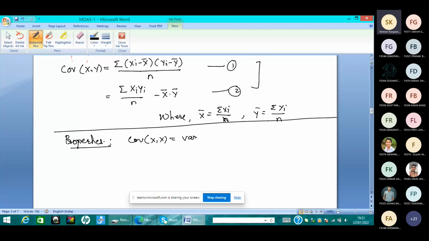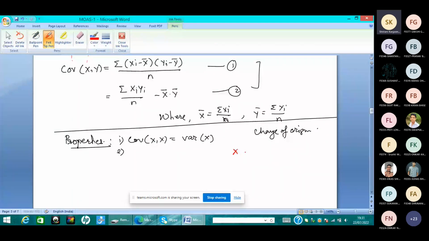We're not going to prove it because it will take too much time. Then the effect of change of origin and scale. What is change of origin? I will explain it in this lecture, and in the next lectures I will directly refer to it.